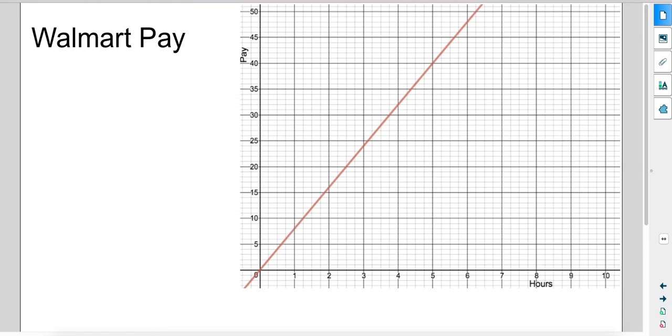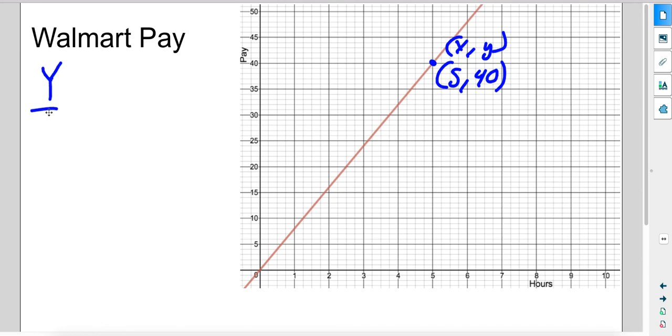So your best bet is to actually find a clear ordered pair. So I don't see one at 1, or 2, or 3, or 4. I really don't see one until I get to 5. And this ordered pair would be 5, 40. And remember, our ordered pair always goes in order of x, y.